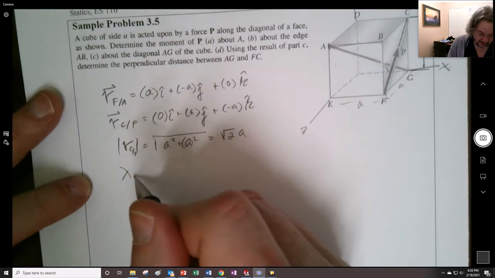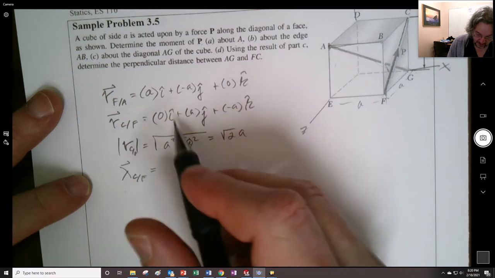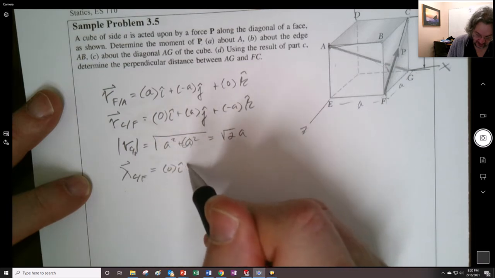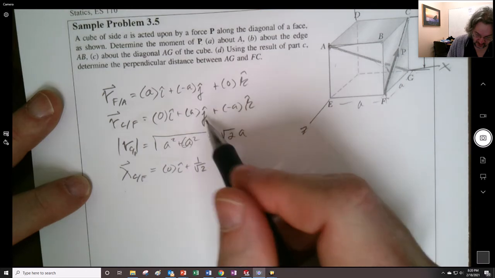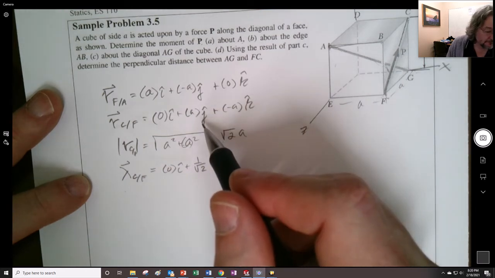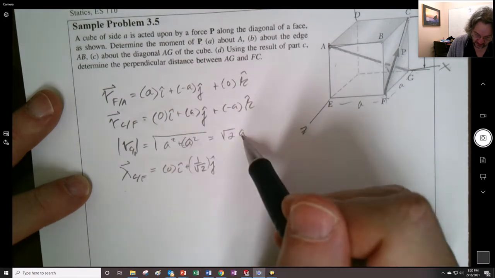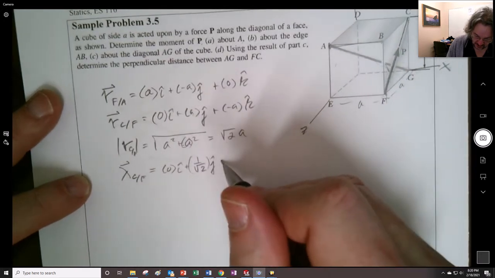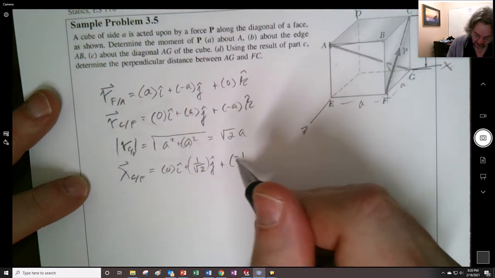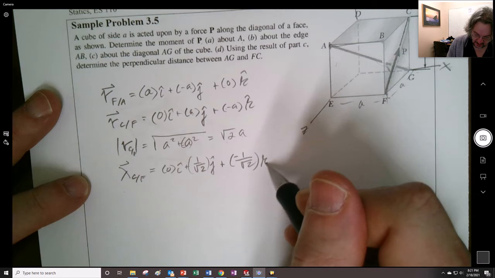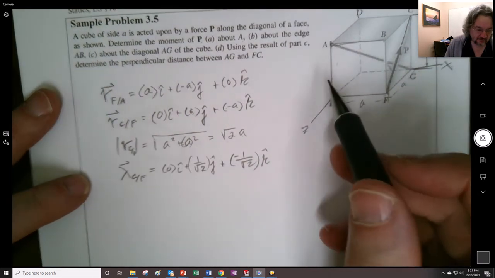So when we get the lambda C with respect to F right here, all we do is take, it's going to be 0 I, and it's going to be 1 over the square root of 2 J. Because we're going to take A and divide by this, so that's going to cancel out. And then we're also going to do the same thing over here, but it's negative, so it's going to be negative 1 over square root of 2 K. These are like 45 degrees. You got the idea, right?